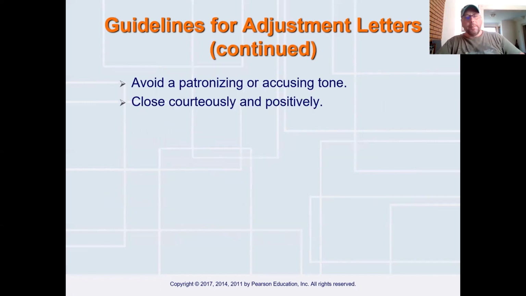You also want to avoid a patronizing or accusing tone, okay? No pats on the head, good job, good work, none of that stuff. And at the same time, don't go in and say, we did it because you stink, all right? Close courteously and positively. Be professional. Use your best judgment. And if your best judgment is in question, go get somebody else's eyes on that thing.